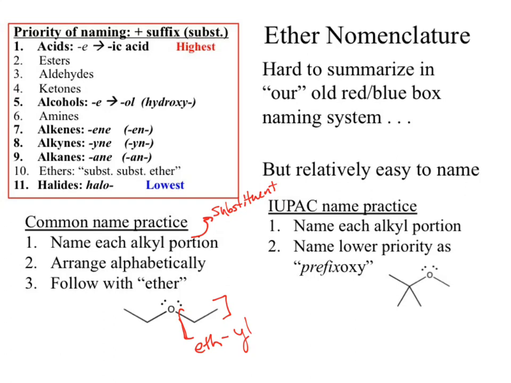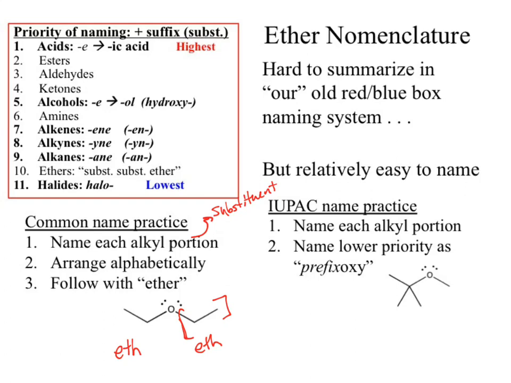When we move to the IUPAC name, we're not going to break it up into those pieces. We're going to look at just the main name for it, or a shortened prefix name. So in each case for this, we would have F and F. We would then have to decide between these two which one's the lower priority and which one's the higher priority. Well, in this case, they're both the same, so it's not that big of a deal.